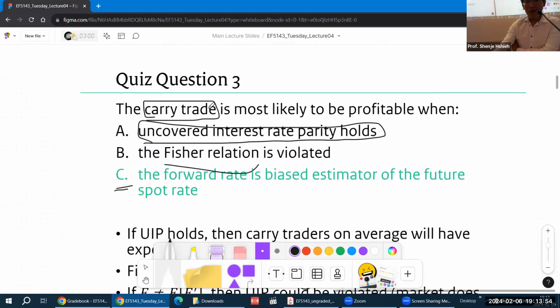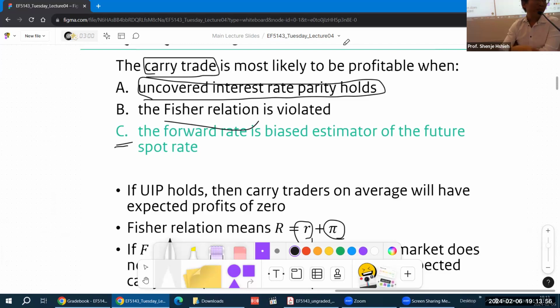That has nothing to do with the profitability of a carry trade, as far as I can understand. The fact that this is true tells me nothing about the profitability of the carry trade. For example, if I take UIP and decompose it into R plus pi and R star plus pi star, it tells me nothing about whether or not UIP is violated.